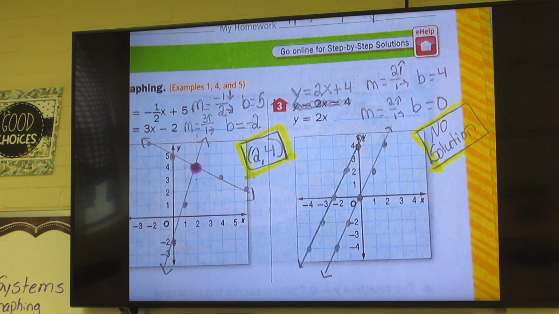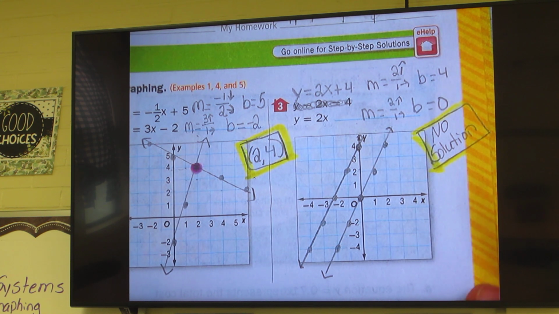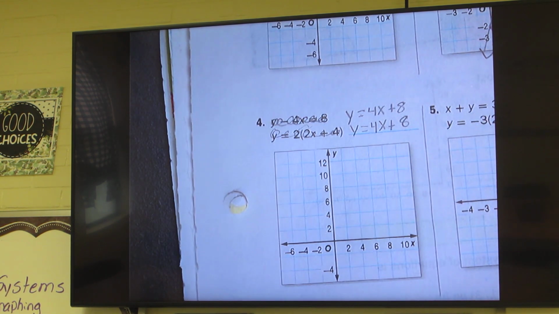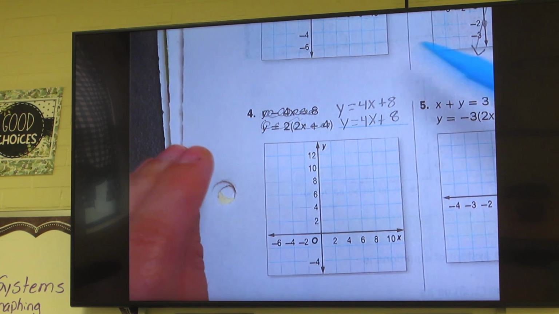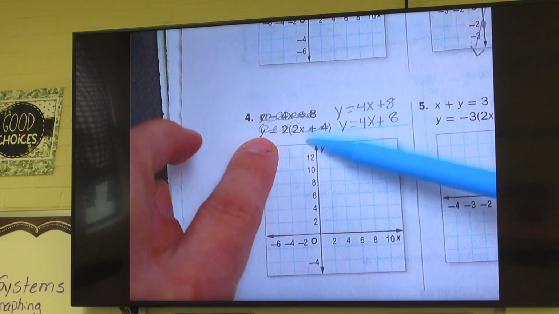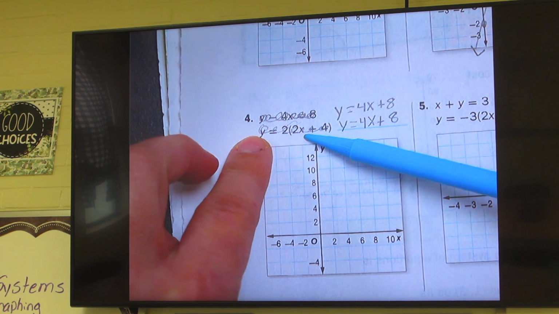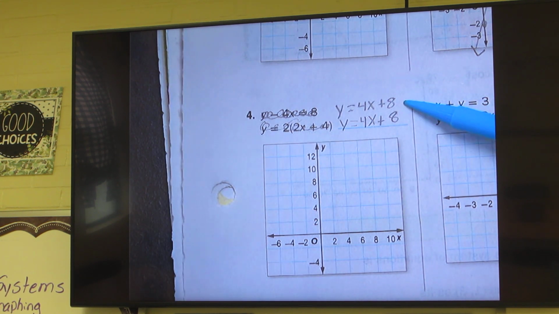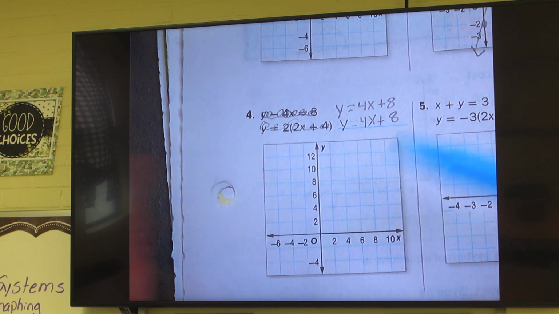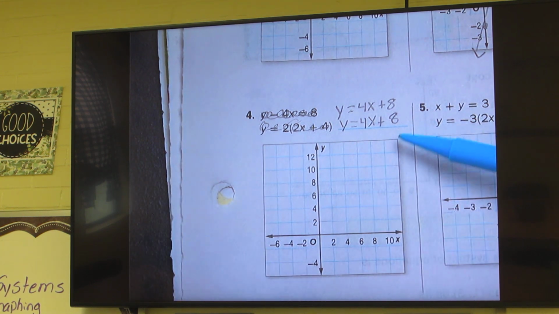Okay, and then in my notes, the other option that we had was if two lines came out to be the same. So I'm not going to do this one because I want my students to actually have some homework to do. But I had to get these two equations solved for y as well. And in class we figured out, look, they're the exact same slope, same y-intercept. So of course, when you graph the line, you're only going to graph one line.